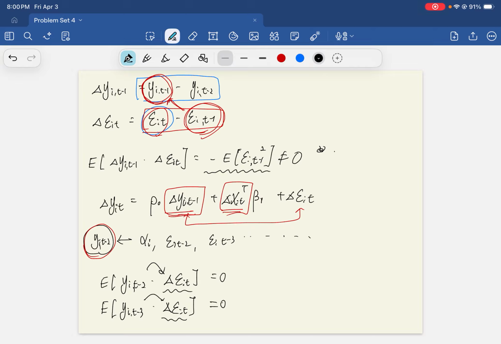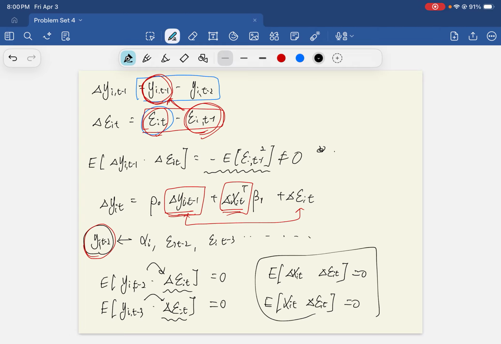Okay, so this is what Arellano and Bond suggested, and of course x_it, without difference, is also a valid IV. This is pretty obvious directly from the assumption, but let me restrict our attention to this relationship.